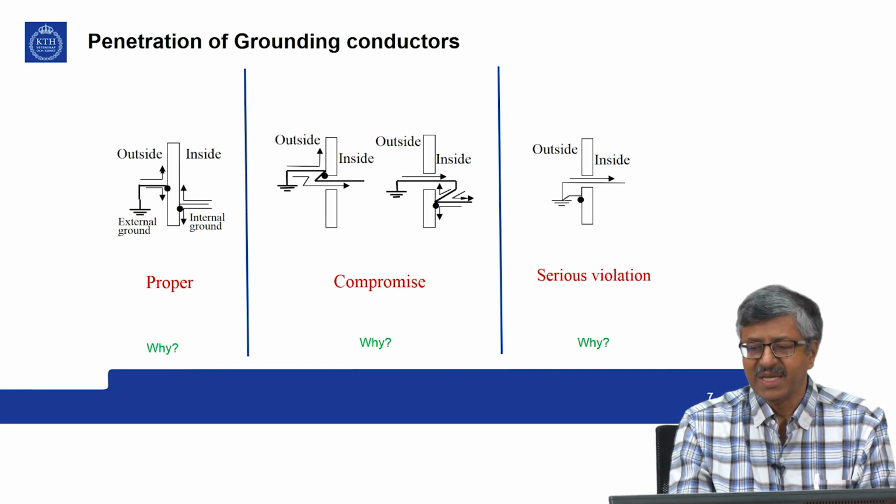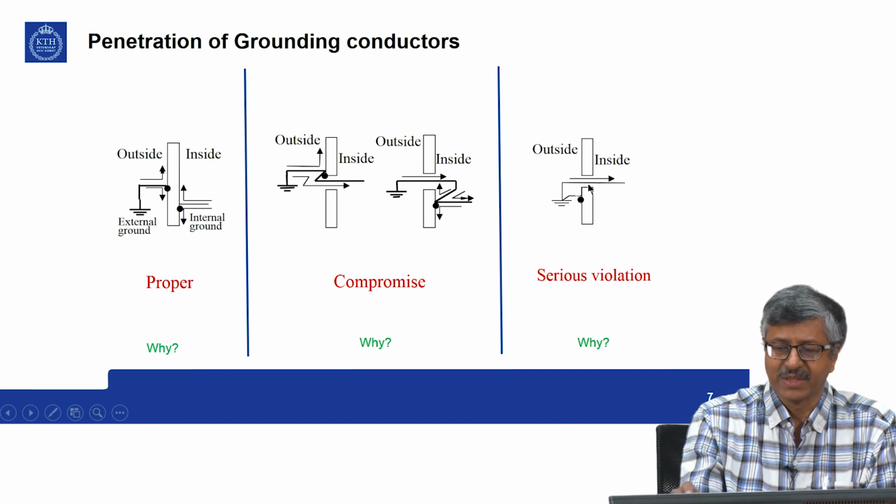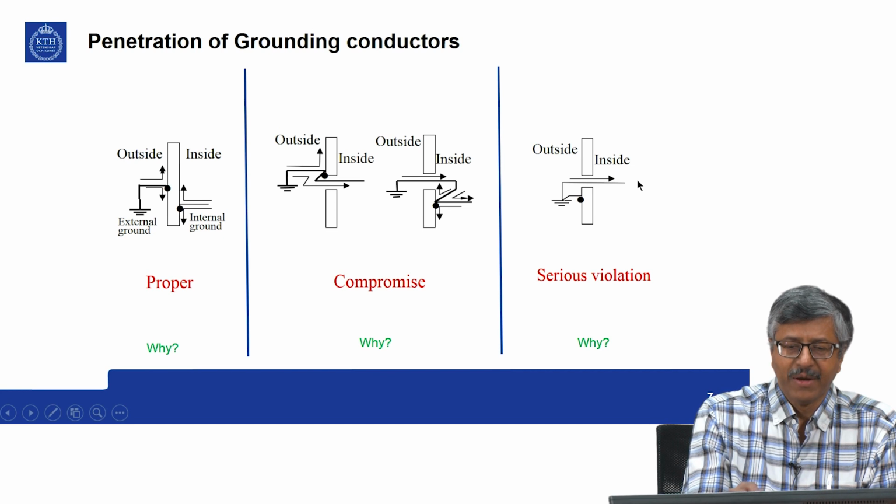This is a serious violation, what you see on the right side. This you should not allow, because now you do not have any zone separation between outside and inside. All currents are coming inside, all the noise currents. Now, this is kind of a compromise.